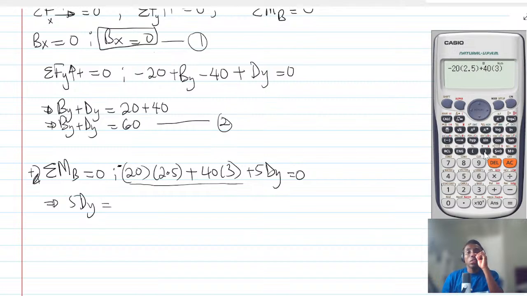Now after doing this, that's 70, and then you divide by 5. So basically you get 70 here, then you divide by 5.